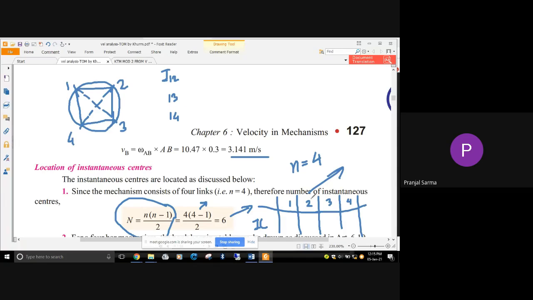Similarly, for the second column, I have I23 and I24. For the third one, I have I34. For the fourth, it will be I43, which is the same as I34. So these are the 6 required instantaneous centers. The naming we already have.